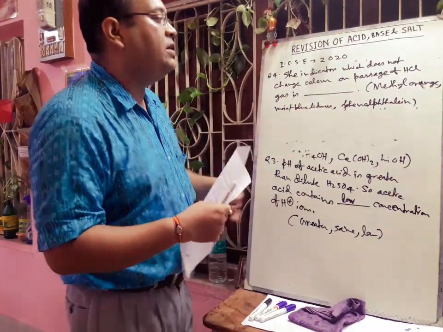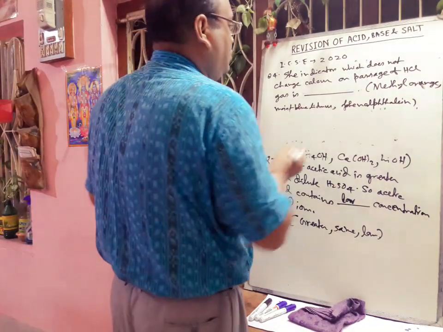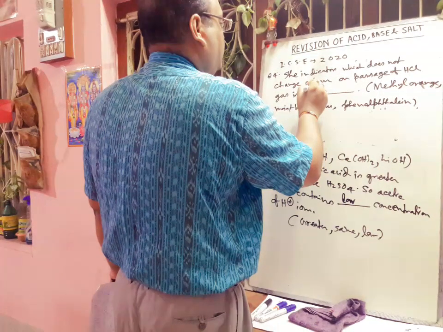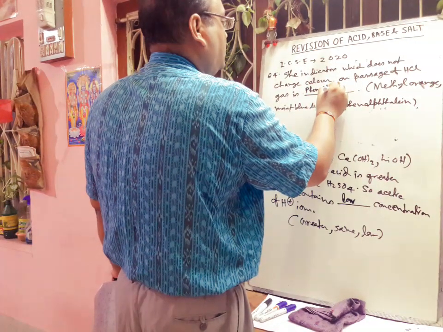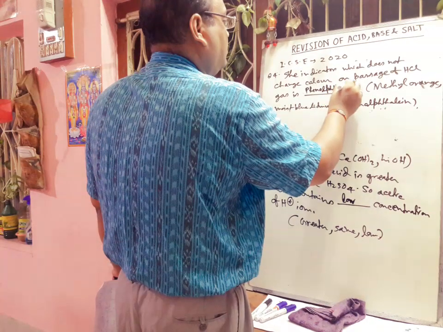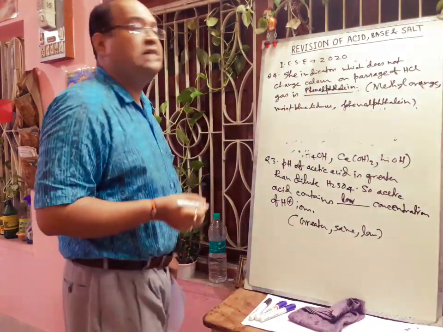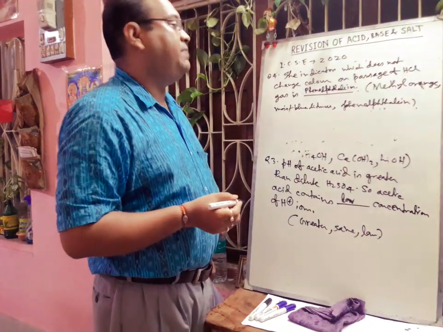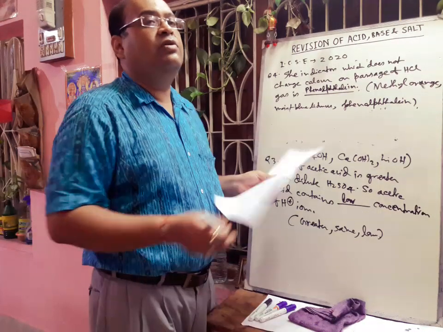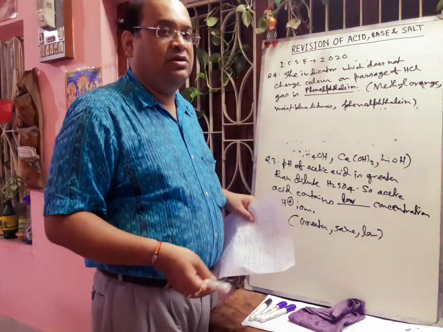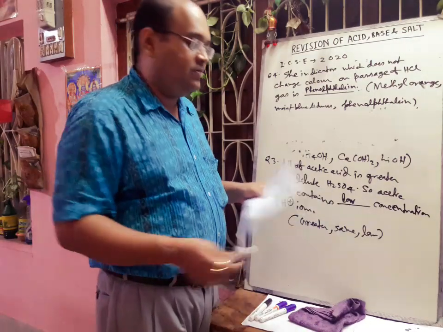So the answer will be phenolphthalein. Phenolphthalein turns purple in alkaline solution, but in acid there will be no change of color.